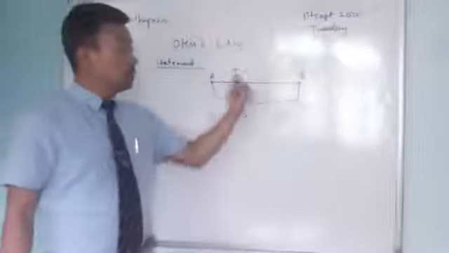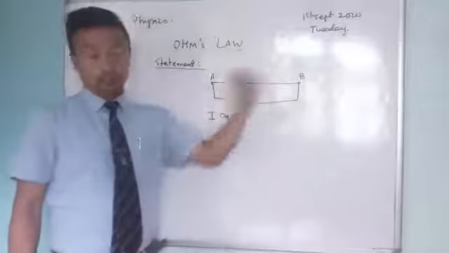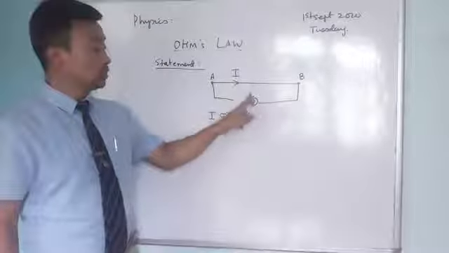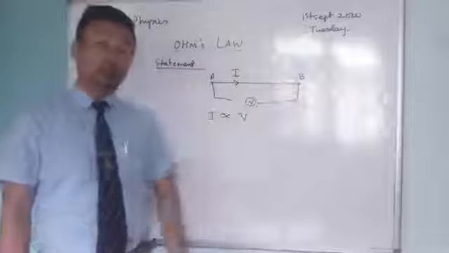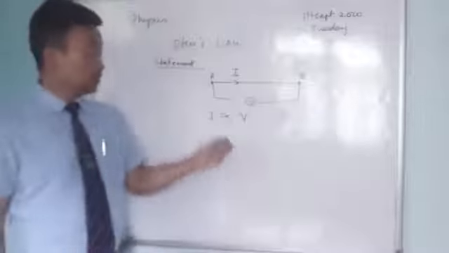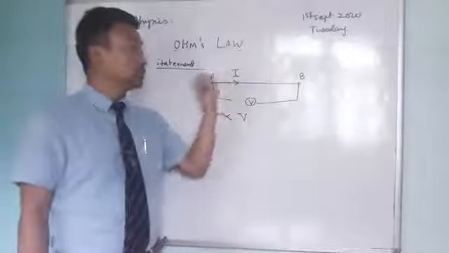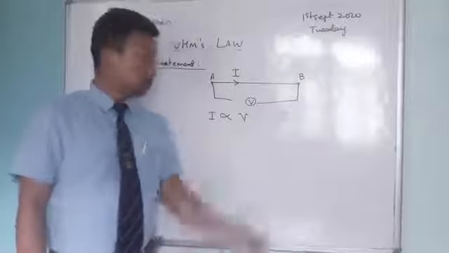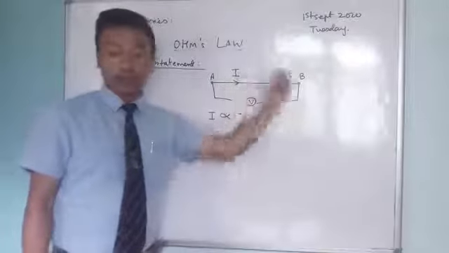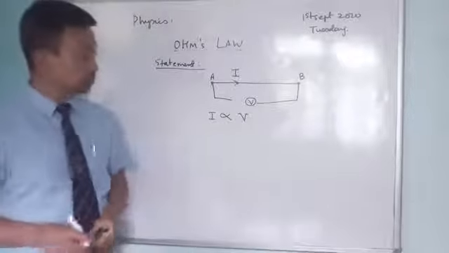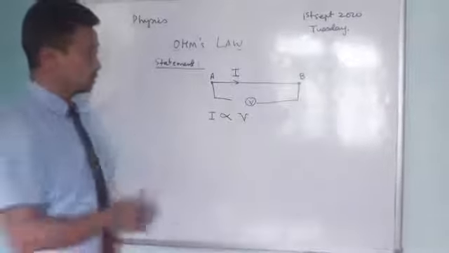That means when you increase the flow of current in the conductor, the potential difference also increases. If the current decreases in a conductor, the potential difference across its ends also decreases. So that is the direct relation.